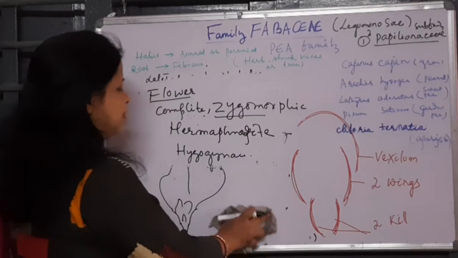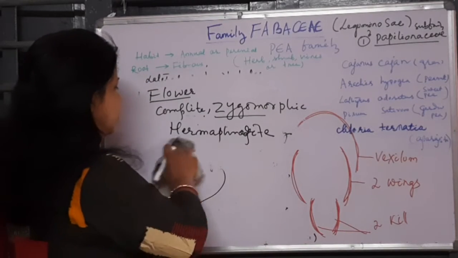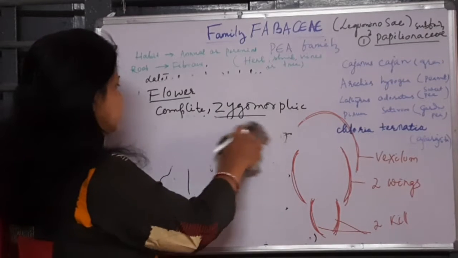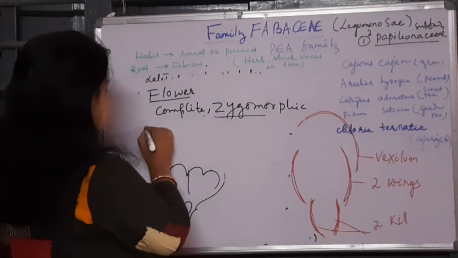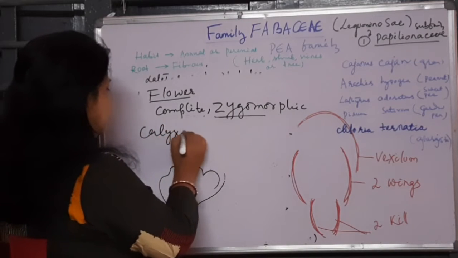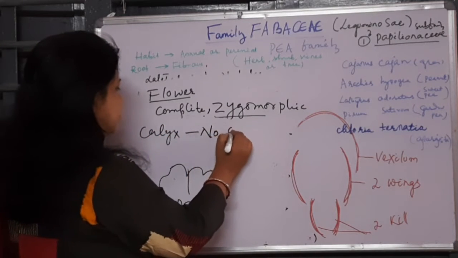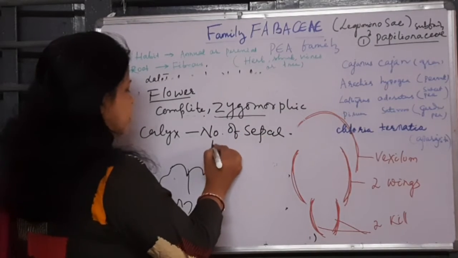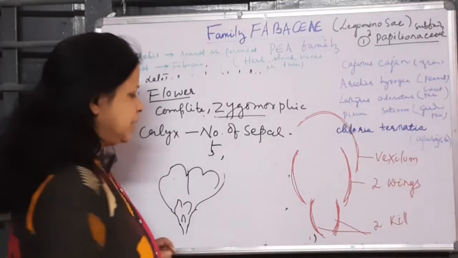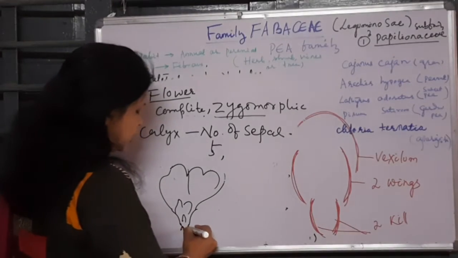And in this flower, next comes to calyx. Number of sepals, 5. Sometimes united to form a tubular structure.